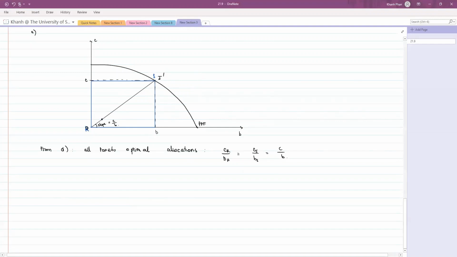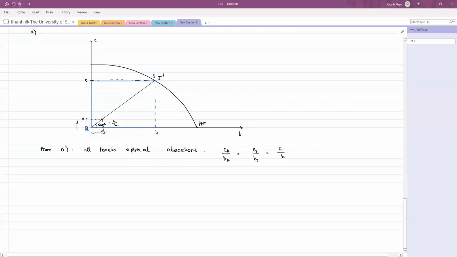So basically, this point over here where Richard is consuming a certain amount of C and a certain amount of B, this is basically alpha C, and this is basically alpha B. How do I know these are the same alpha? Because at this point, the slope is C on B, so it has to be the vertical divided by the horizontal. Vertical is this, and horizontal is this.